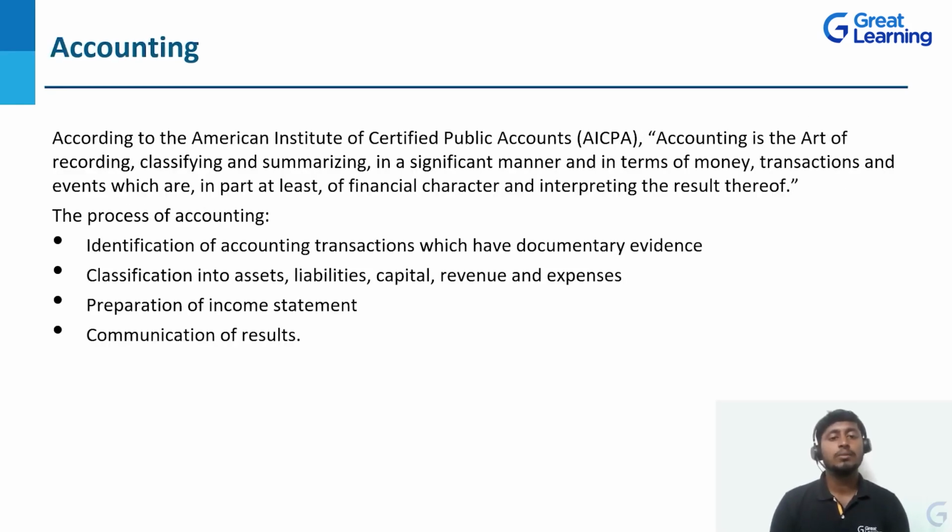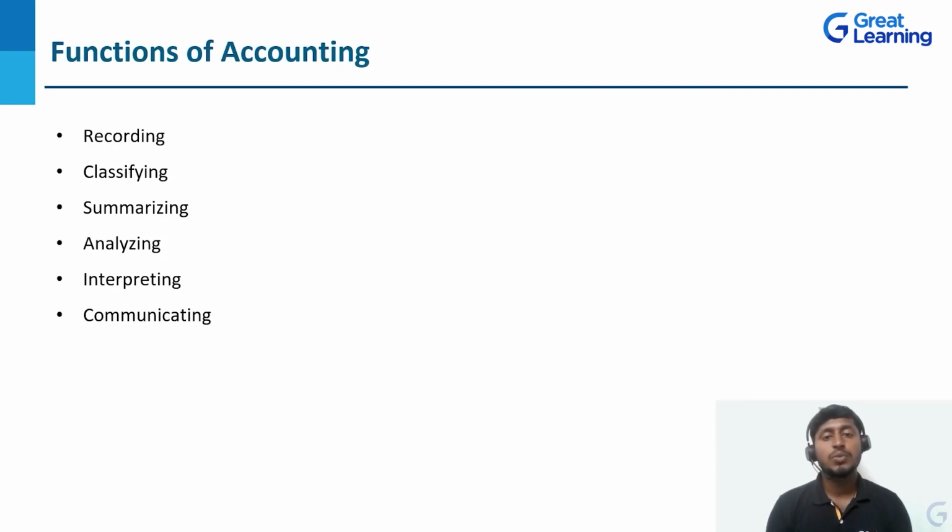Next, accounting. So we have discussed the definition of accounting and the process of accounting. Next, we have discussed functions of accounting, that is recording, classifying, summarizing, analyzing, interpreting, and communicating. So these are the 6 functions.